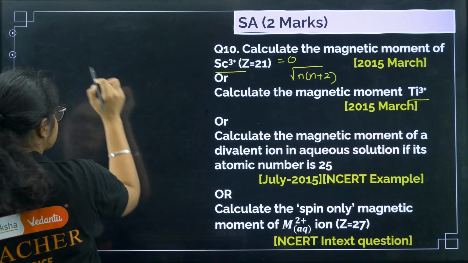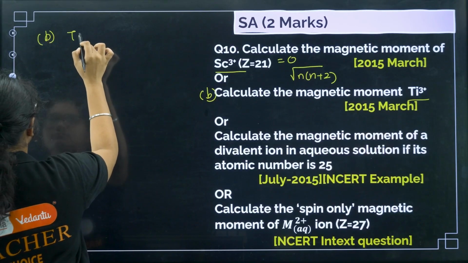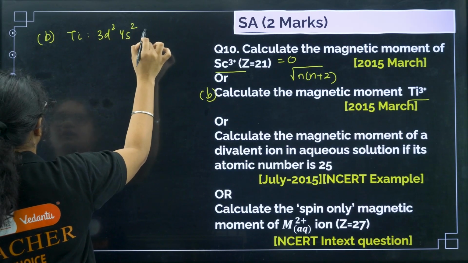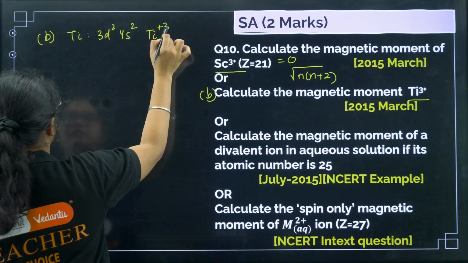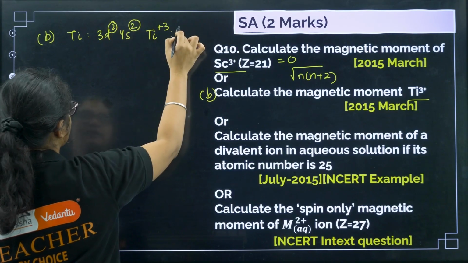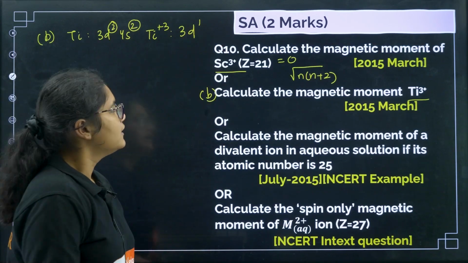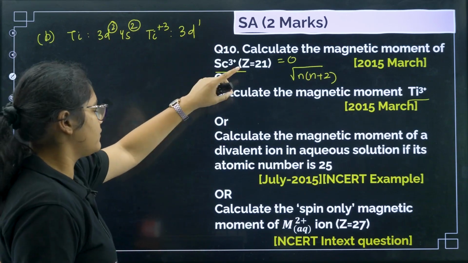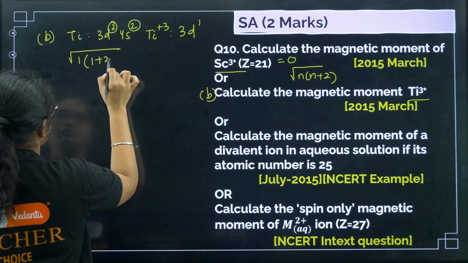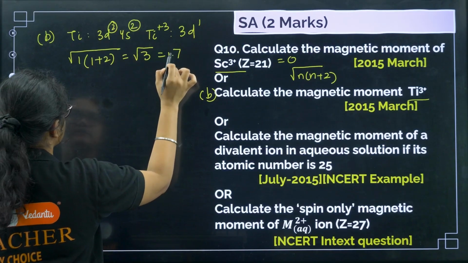Titanium is 3d2 4s2. Titanium 3 plus means 3 electrons are lost, so first 2 electrons will be lost from the 4s, then 1 electron from 3d, so I get 3d1, right? Ti 3 plus has 3d1, so 1 unpaired electron, so 1 into 1 plus 2, that is root over 3, that is 1.7.